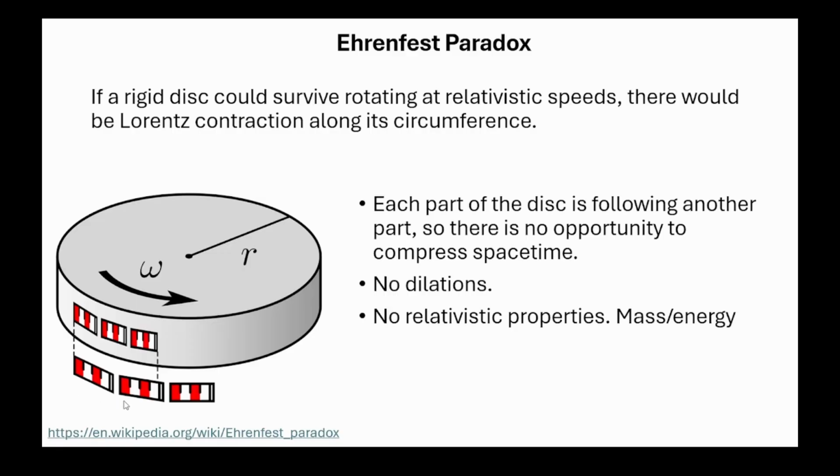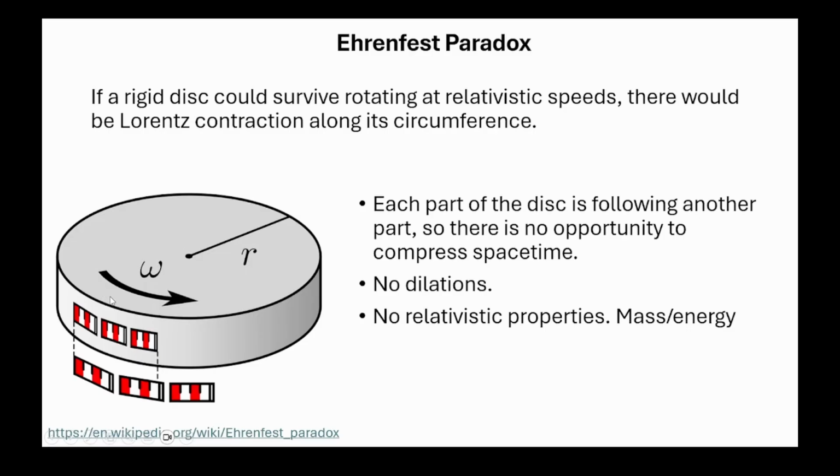So this would be our stationary rulers, but if this bit is rotating, then there would be a Lorentz contraction, and so the distance along here would look to be shrunk. But because it's a circumference, we can't really shrink the circumference without causing other negative effects to compensate. And so there is this paradox where we get two conflicting issues.